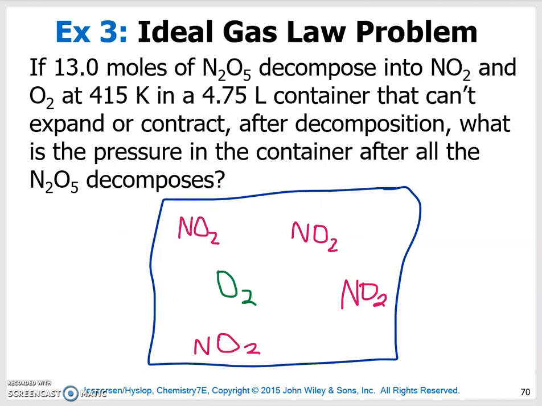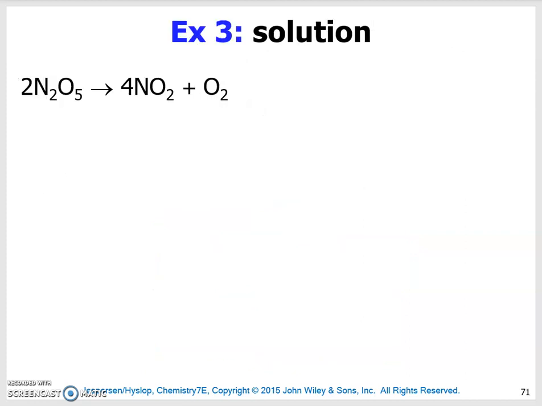So it seems like some conditions are changing, but what's happening is a reaction is occurring. And then we just want to know about the final condition, which means that we're still using the ideal gas law and not the combined gas law. So here is our balanced chemical equation. They're all in the gaseous phase. What we want to do is calculate the moles of gas that are produced.